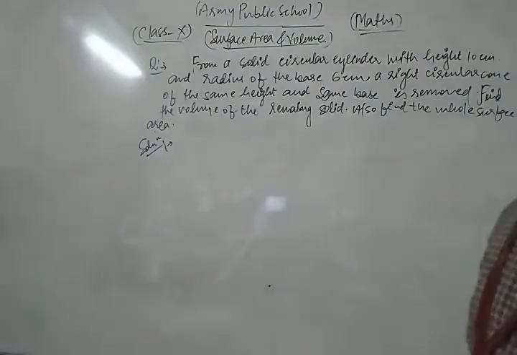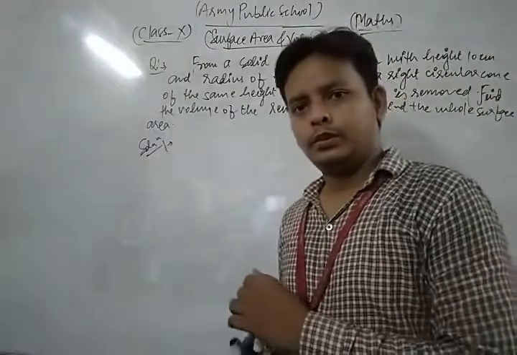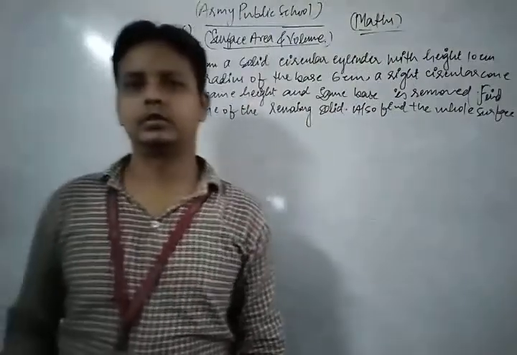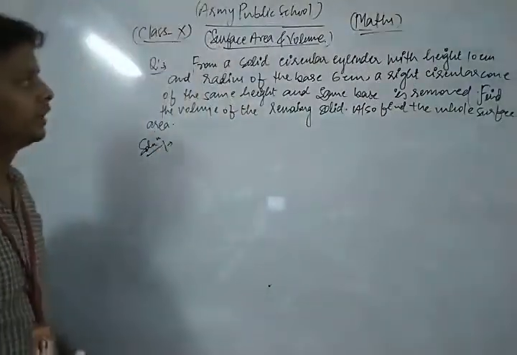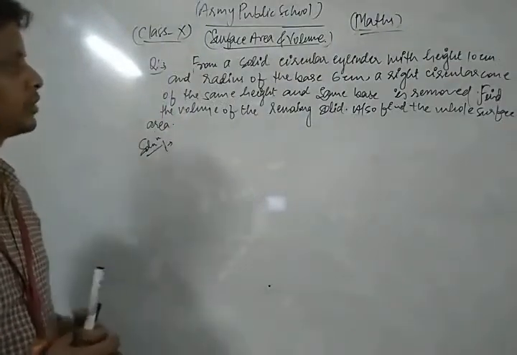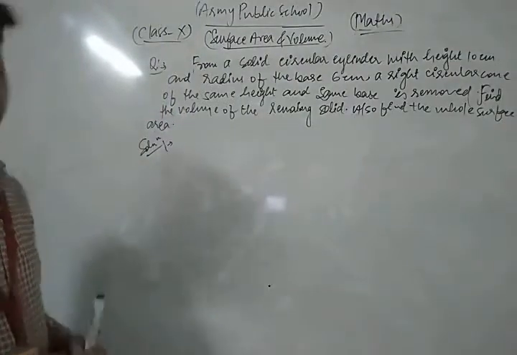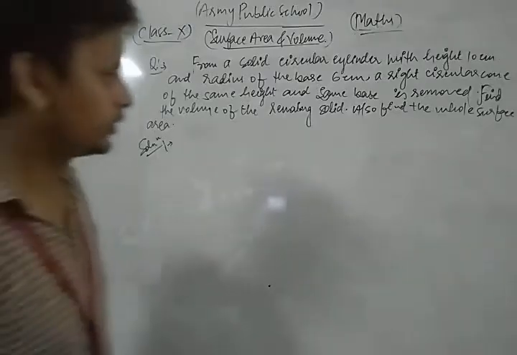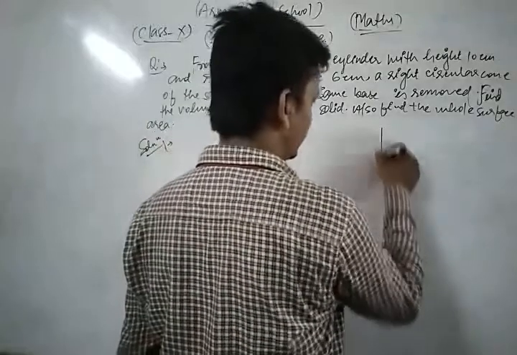Look, this is a very important question of your syllabus. Now look at the solution. Here, from a solid circular cylinder with height 10 centimeter and radius of the base 6 centimeter, first of all we draw the solid cylinder.